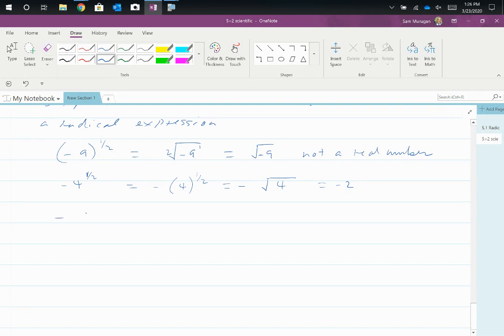Next, negative of -81 to the power 1 over 4.